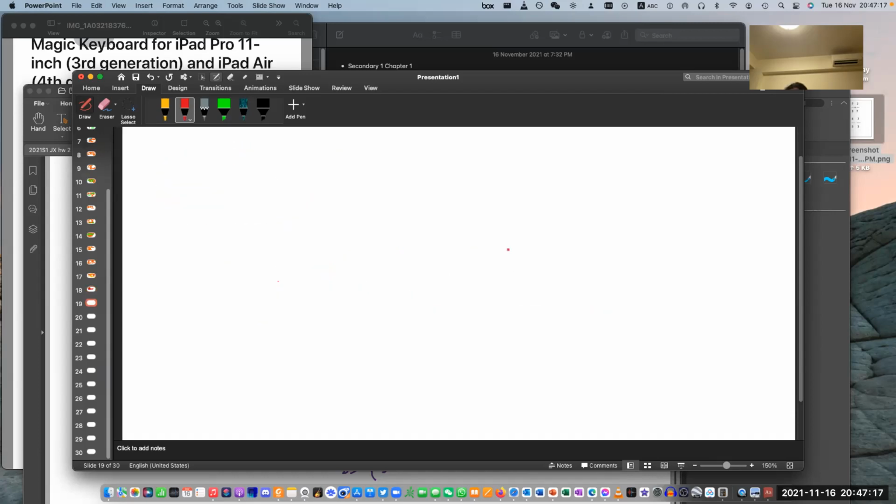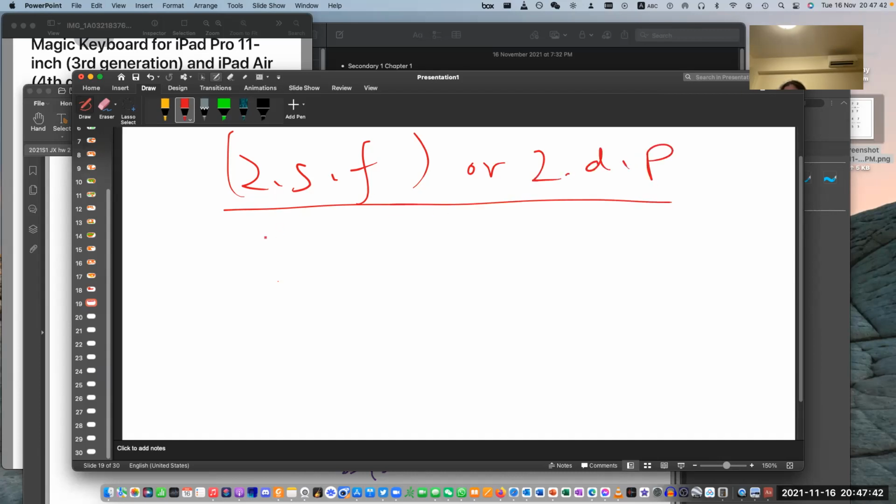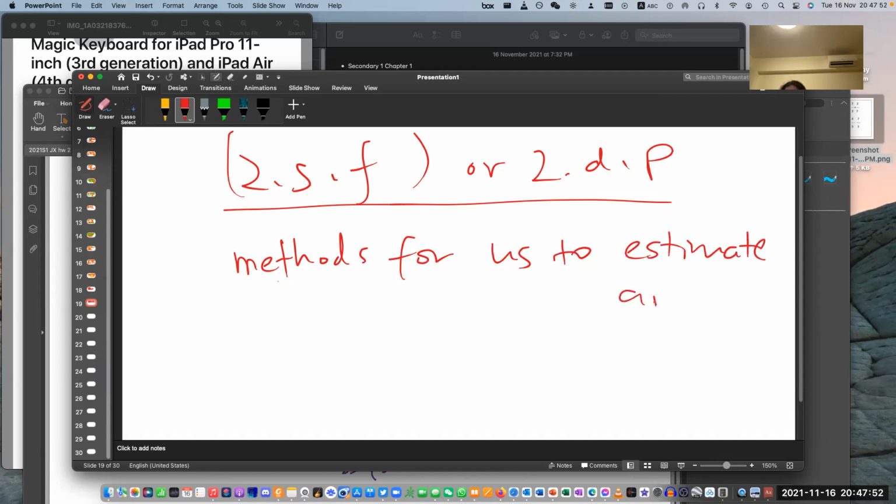Then why do we need to learn about 2 significant figures, or 3 significant figures, or any significant figure? Do you know why? Do you have any idea why? No. Okay, so whether it's 2 significant figures or 2 decimal places, all of these are just methods for us to estimate or approximate.